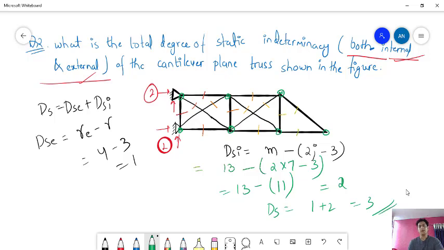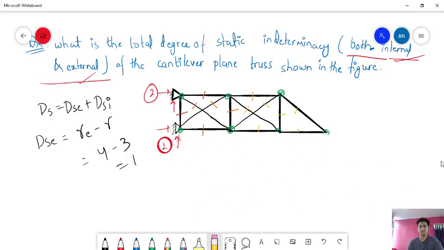Now I hope you will understand the difference. If the question asks you to calculate internal and external both, then you have to go by this method. If the numerical asks you to calculate the overall static indeterminacy of the structure, then you must go directly. And how will you go directly?